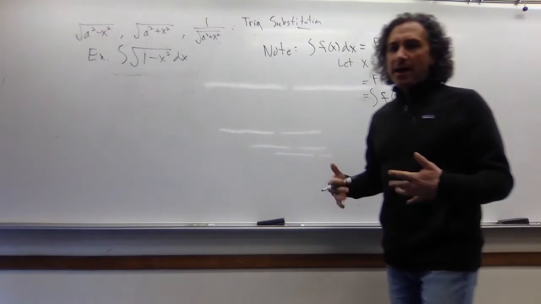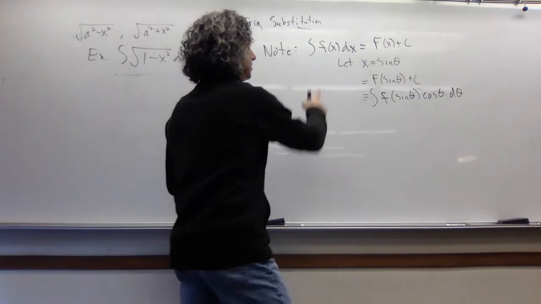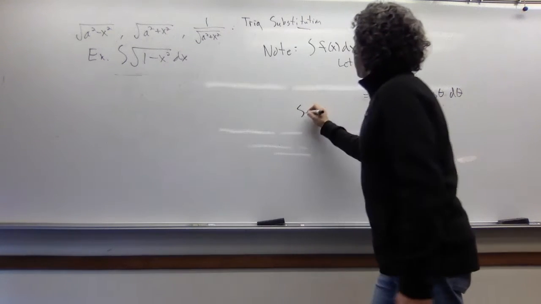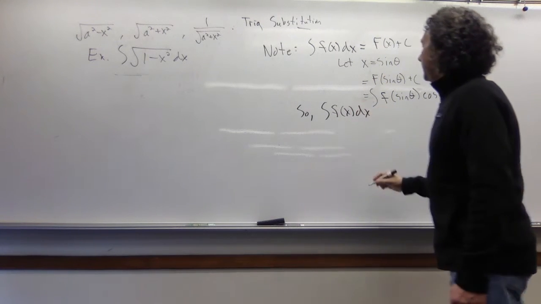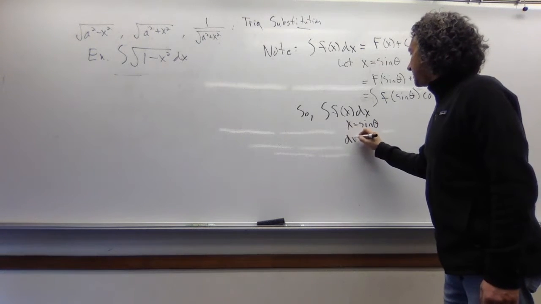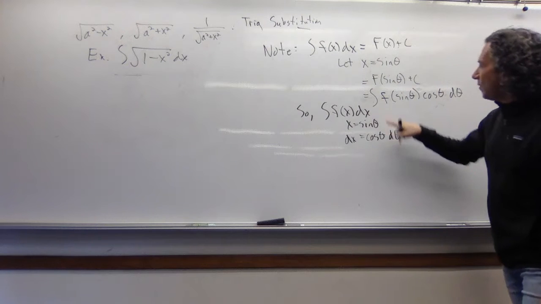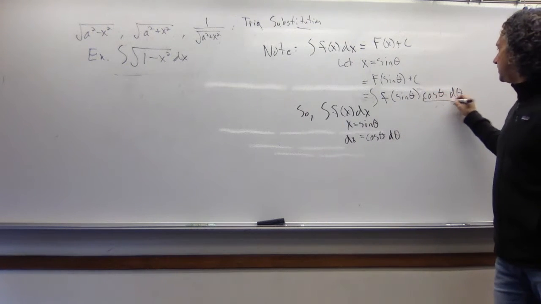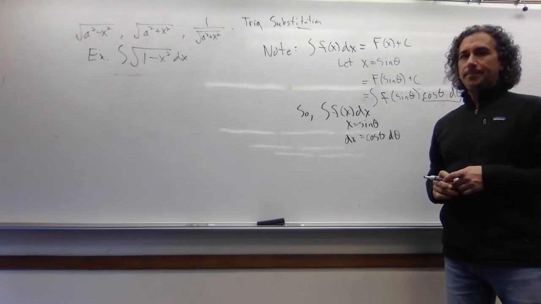So if you think about it, what we could do is as follows. If we want to get from here to here, then the streamlined process is if we let x equal sine of theta, dx is then cosine theta d theta. And we can once again, just as we did with the U substitution, visually match up the pieces.